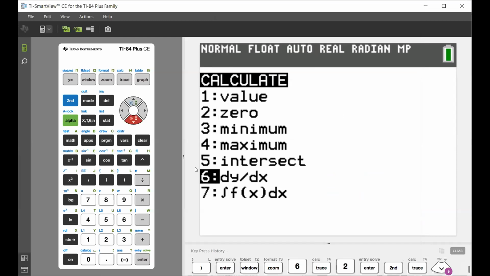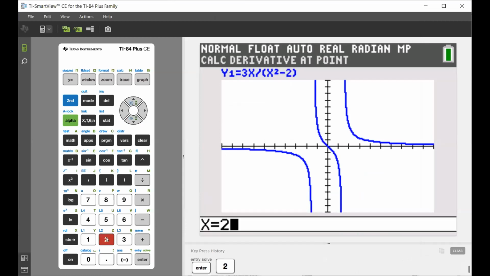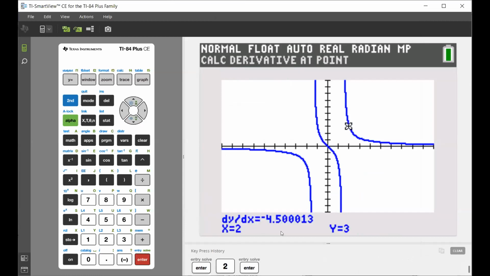Okay, so I'm going to grab that, dy dx, and it's blinking. It kind of moved around a little bit, but basically at this point you give it the x coordinate that you want, which is 2. So the cursor's blinking, I'm pressing 2, enter, and there is the derivative, negative 4.5, with some extra decimals there at the end.